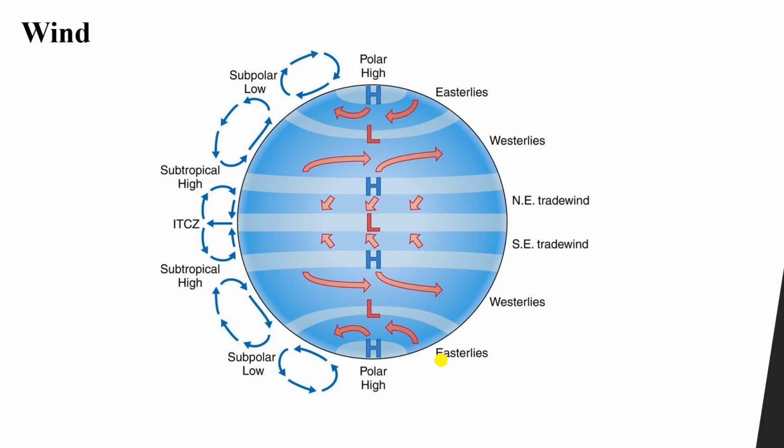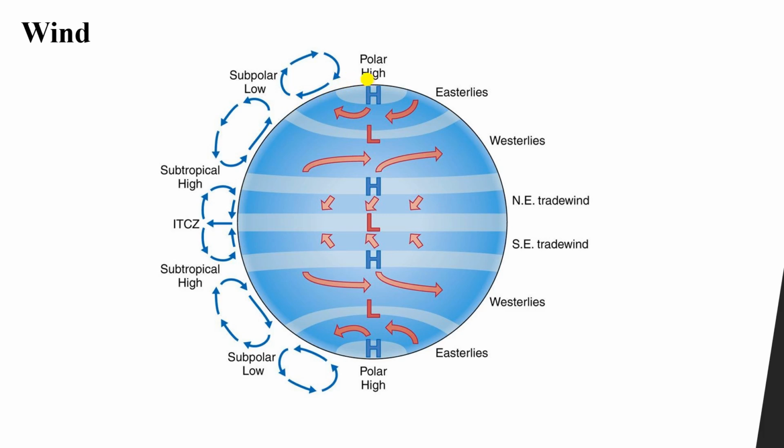Now, as an example, as you can see here, this is our Earth, divided into several regions. You can see the North Pole and South Pole. You will find that this area has high pressure due to cold air, and this one has a low pressure, more heat. So, from the difference between two areas, from high pressure to low pressure, the wind will start blowing.